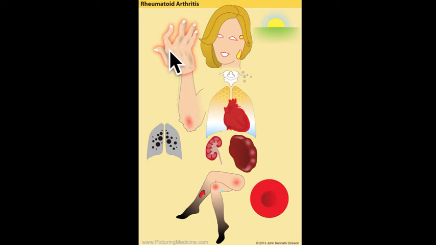So patients can develop a boutonniere deformity, which is illustrated here, affecting the index finger. They can develop a swan neck deformity, which is illustrated here, affecting the middle finger. They can have problems with joint subluxation, which typically tends to occur in an ulnar direction at the MCP joints here.